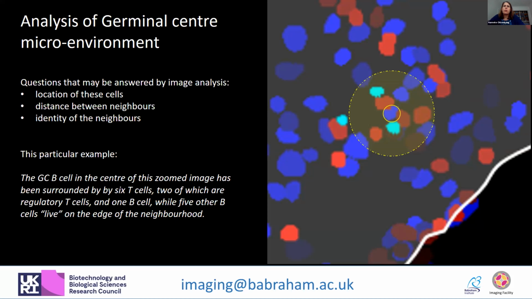So for instance, the B cell in the center of this image has been surrounded by 6 T cells, in red and in cyan. So 2 of which are regulatory T cells, and it also has within the circle 1 B cell, while it has a number of other neighbors on the edge of the neighborhood.